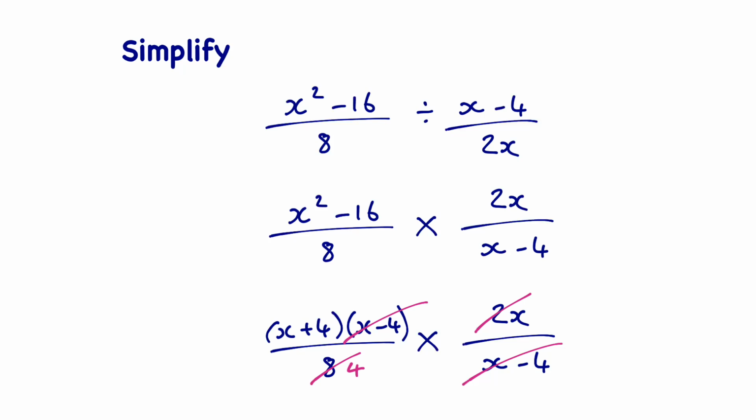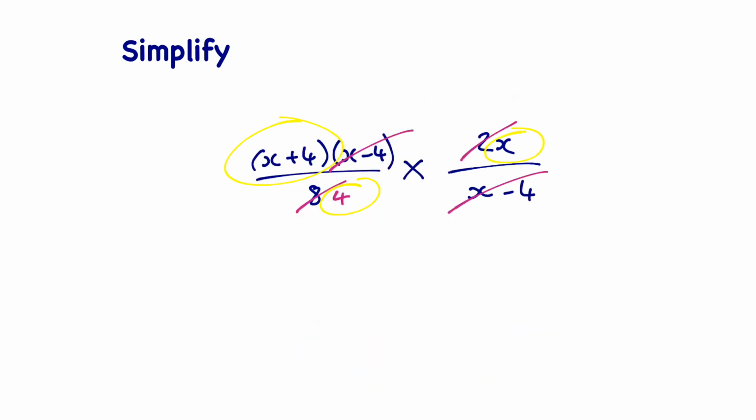So as I said, sometimes it's quite difficult to see what you're left with, so sometimes you can just circle them. So I'm left with an x plus 4 and an x and another 4 here. So I'm just going to have another quick check to see if anything else can be cancelled down. No, that's it. So I've got x plus 4 times by x over 4.